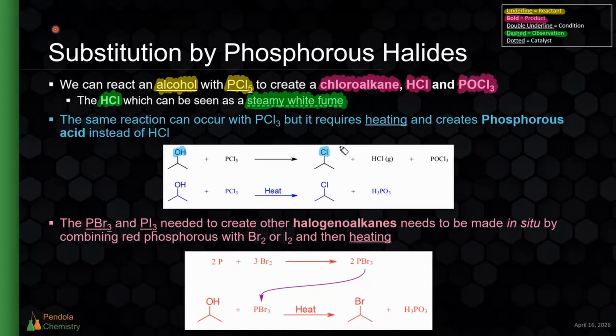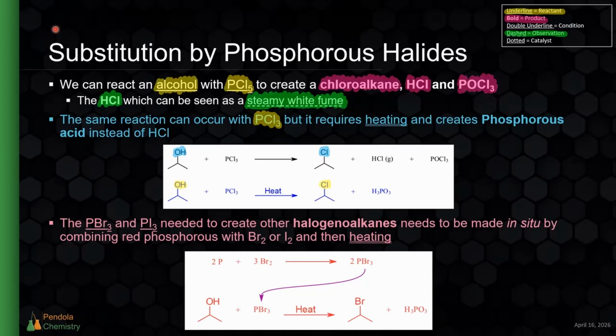Now, the same reaction can happen not with PCl5, but with PCl3. When an alcohol reacts with PCl3, on the other hand, we still get that replacement of the hydroxyl group for chlorine, but this PCl3 does require specific conditions.